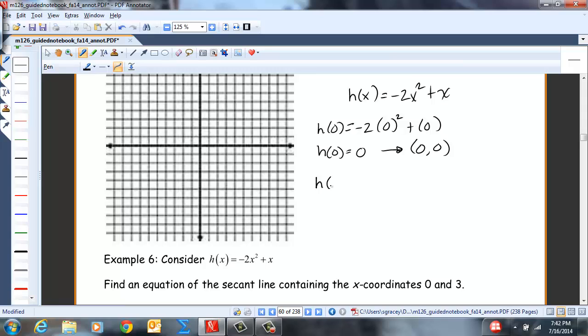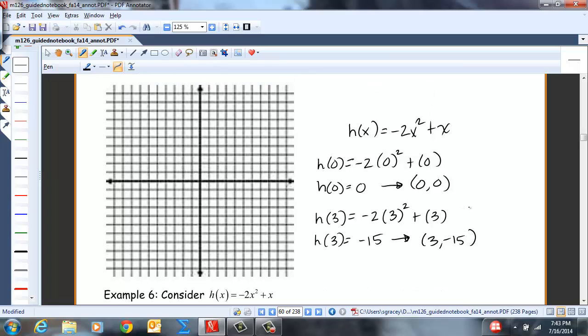And h of 3 will be negative 2 times 3 squared plus 3. So h of 3 will be negative 18 plus 3, which is negative 15. So that means the ordered pair 3, negative 15 is on the graph of h.